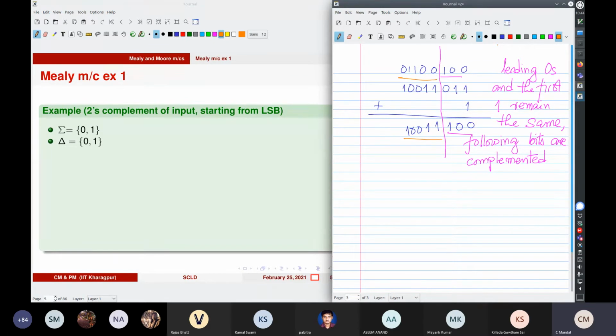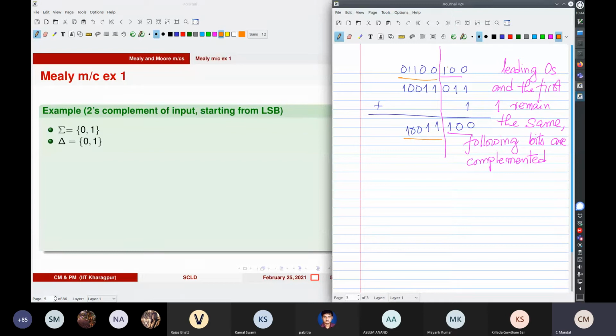Alright, so can you design the machine? You know how to design finite state machines, right? You already know how the machine behaves, so can you design the finite state machine to perform 2's complement? Are you with me? Yes, sir.